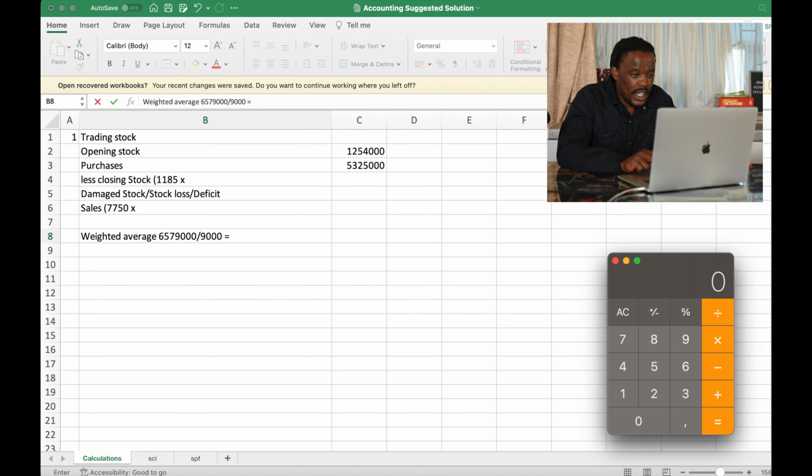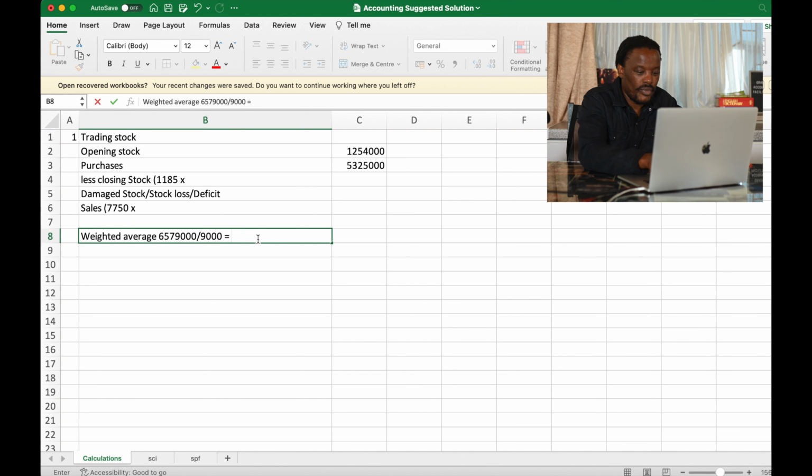Also use your calculator to get this amount. Divided by 9,000 is equal to 731. Their unit price will be 731.